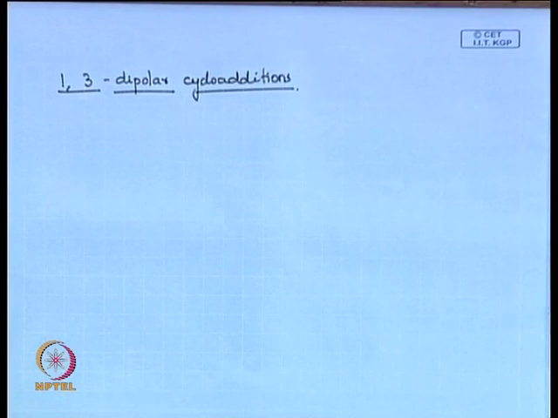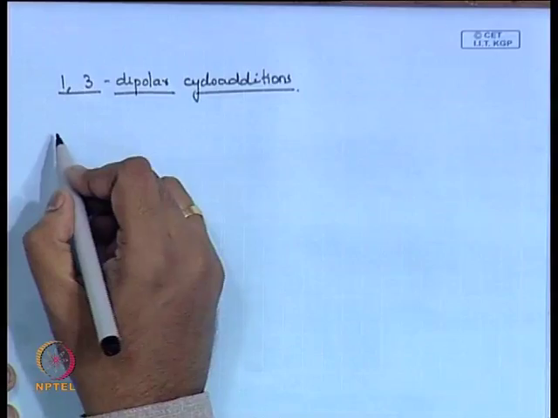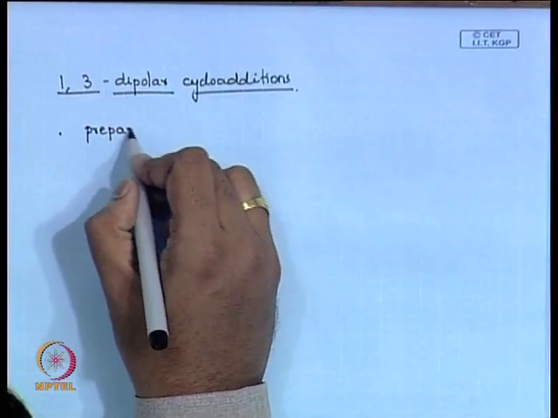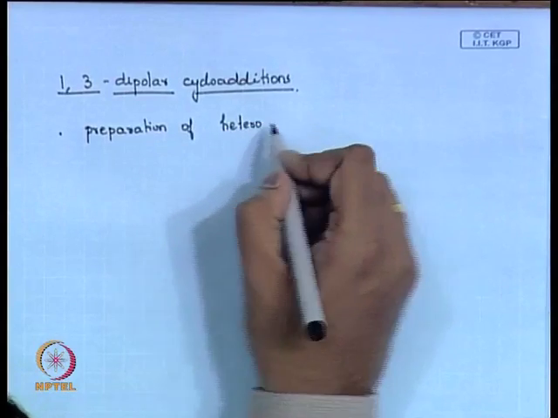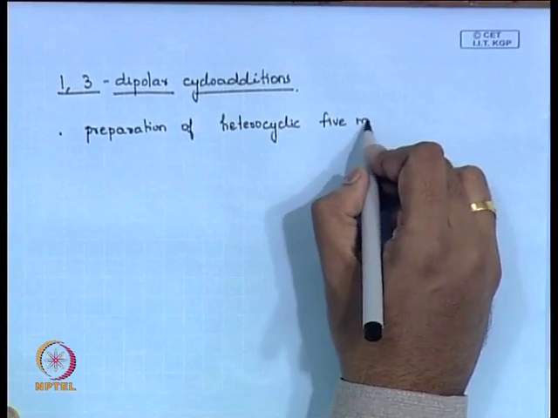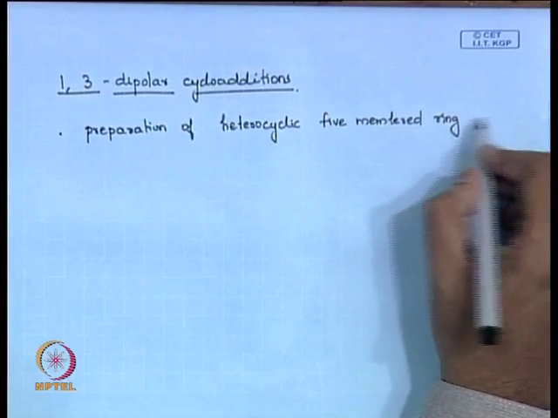Normally in Diels-Alder type of reactions, you are trying to make 6-member rings, right. You have a 4 pi system with an alkene, you always try to make a 6-member ring. 1,3 dipolar cycloaddition is very important because you try to prepare 5-member heterocyclic systems.